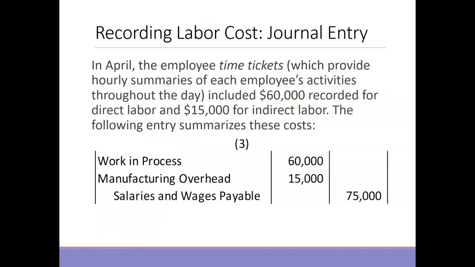Then, in April, the employee time tickets, which provide hourly summaries of each employee's activities, included $60,000 recorded for direct labor and $15,000 for indirect labor. We would show $60,000 would go directly to jobs, $15,000 because it's indirect labor would go into manufacturing overhead. Okay?